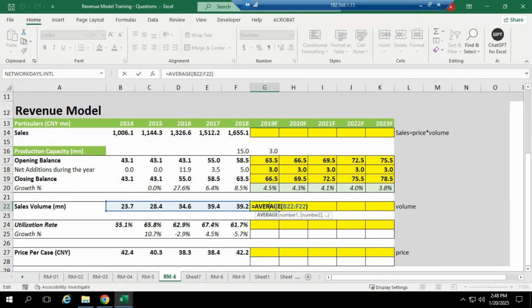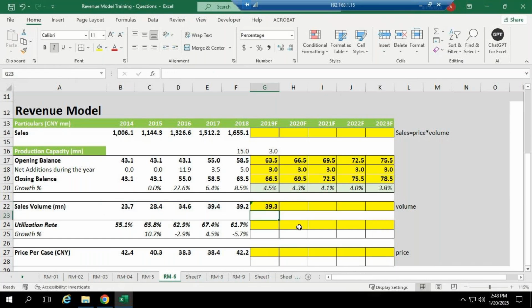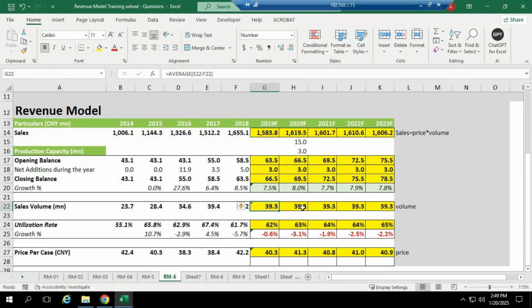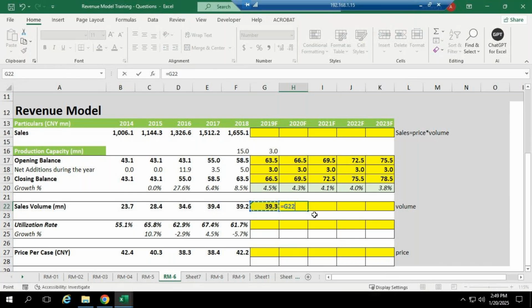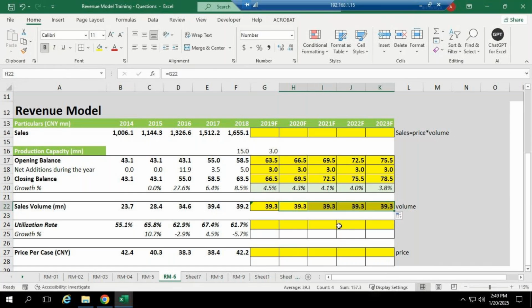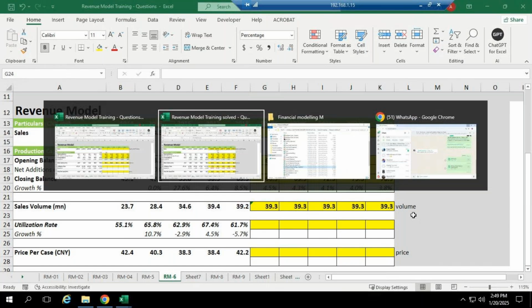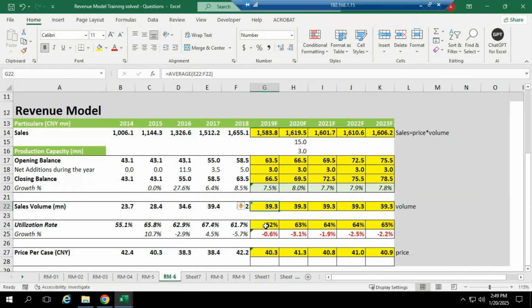So now last 2 years only we will select. That one we will keep it constant. So just drag it over here. So now utilization rate will be 1%. It has been increased.